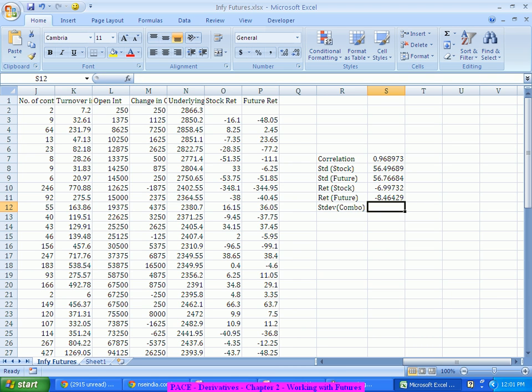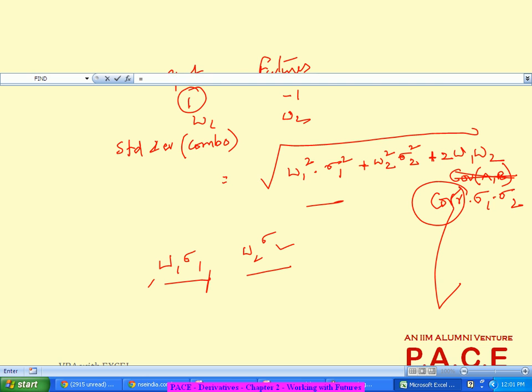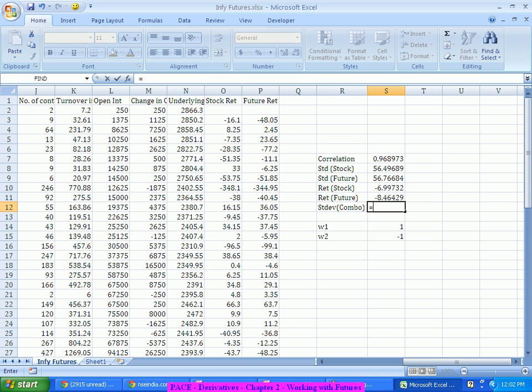Before I write the formula, I'm saying W1, I'll put it as 1. W2, I'll put it as minus 1, so that I can access the things much better. So here, I'll write the formula. First, I'll have to do this calculation: W1 squared, sigma 1 squared, W2 squared, sigma 2 squared plus 2W1 this one. And after that, I'll put a square root on the top of that.